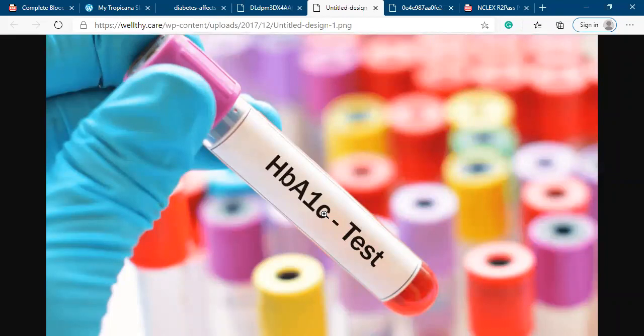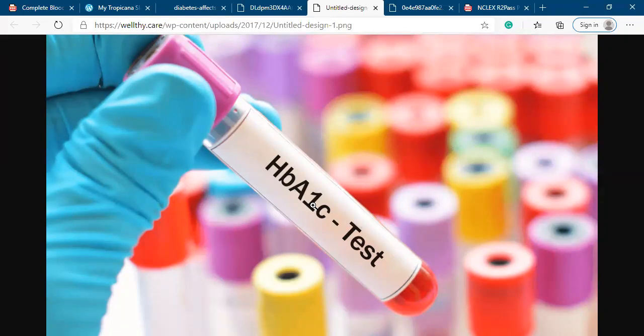But what should the goal be? Suppose your patient is diabetic, then what should be the target of hemoglobin A1c? The goal for a patient with diabetes is hemoglobin A1c less than 7%.